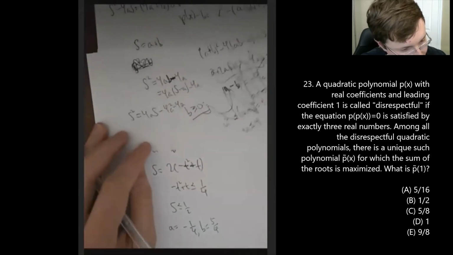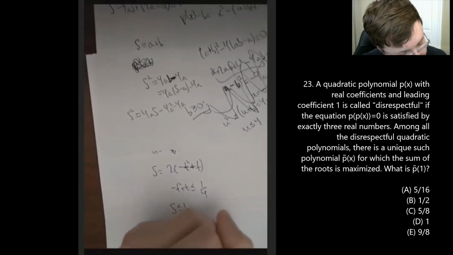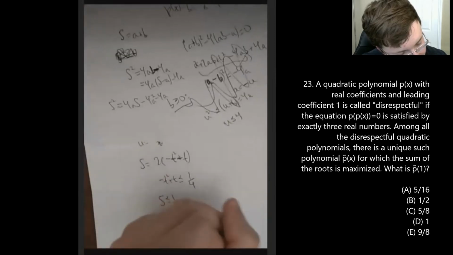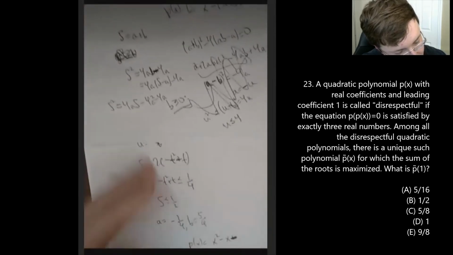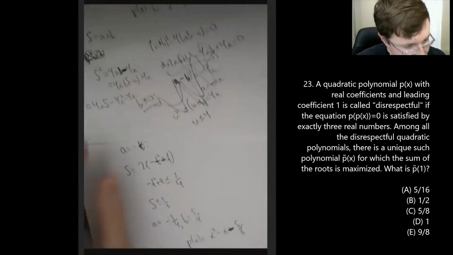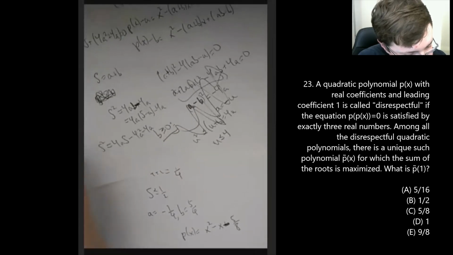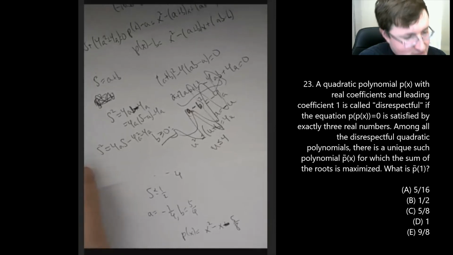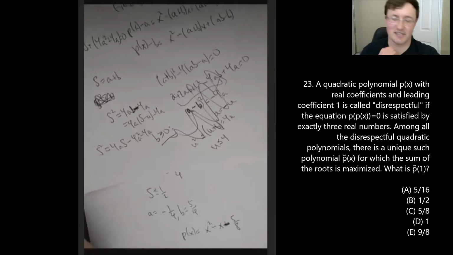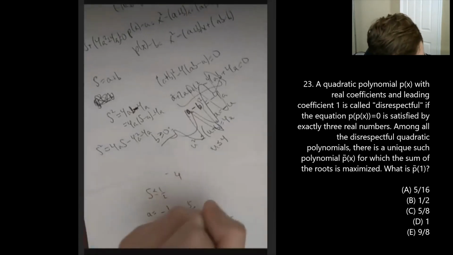I hope that's right. So then I get p of x equals x squared minus x plus, sorry, minus 5/8. Okay, is that going to work? ab minus a. I'm not sure I can do this in time. Oh, 5/16.